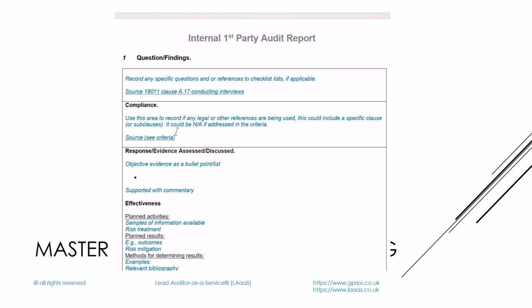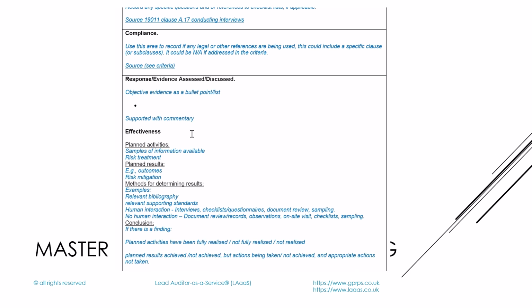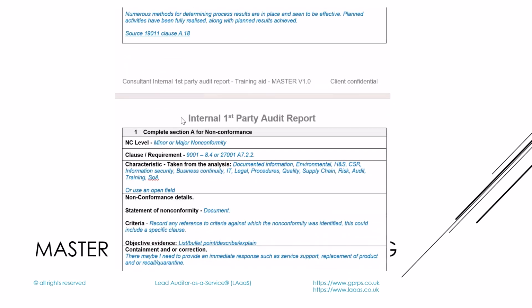And here we have a question, compliance if not covered by criteria, and then an area where we can start to capture all the objective evidence and draw a conclusion which will feed into the executive summary.